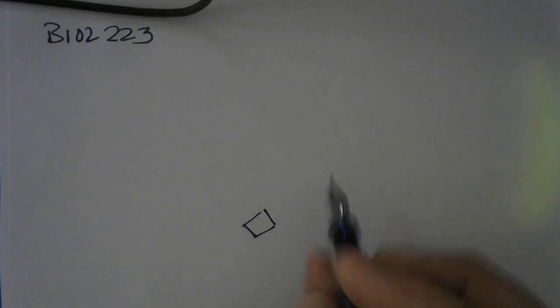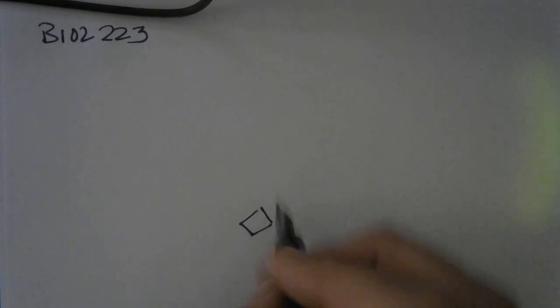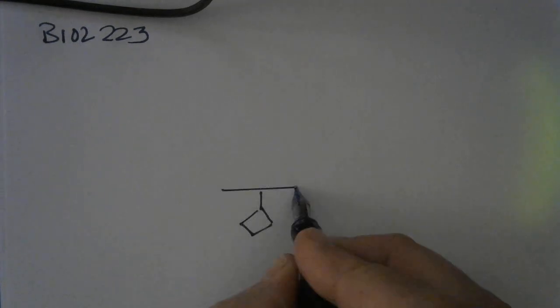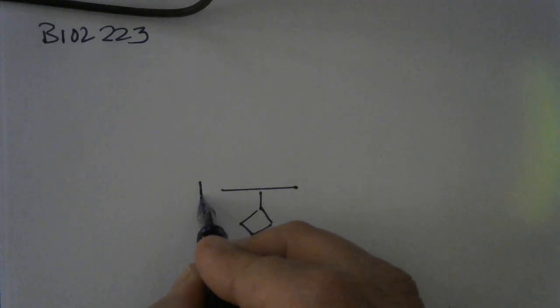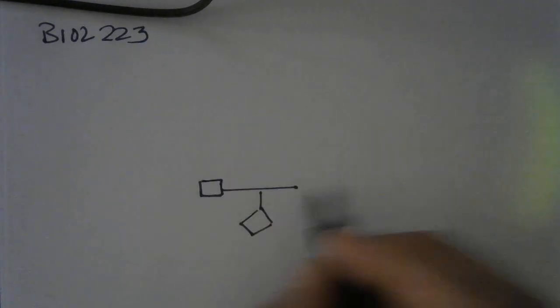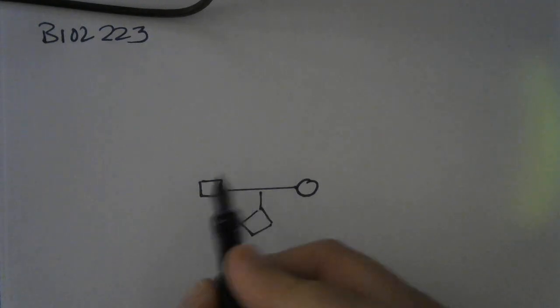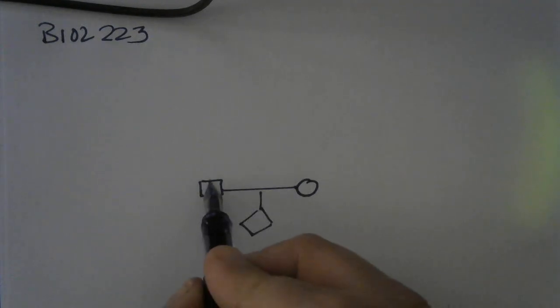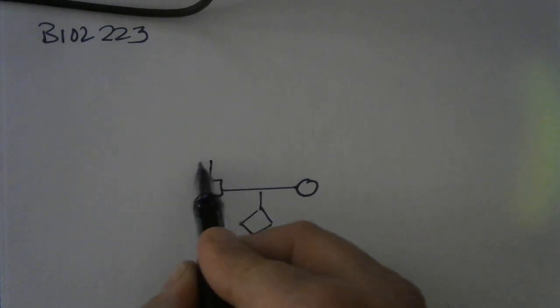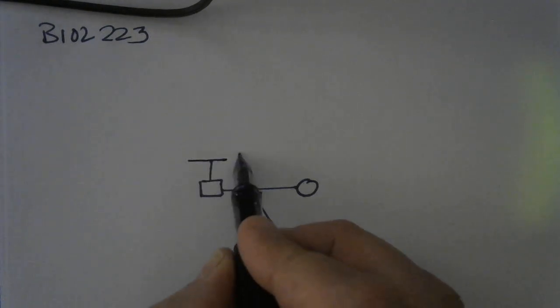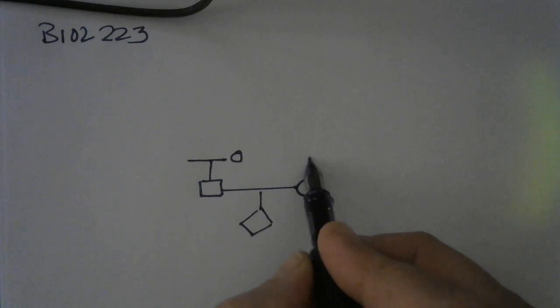So the issue was Archibald Garrod and his observation that alkaptonuria, the disease in which the urine turns black, tended to occur in certain families and to be more common in the offspring of first cousins.